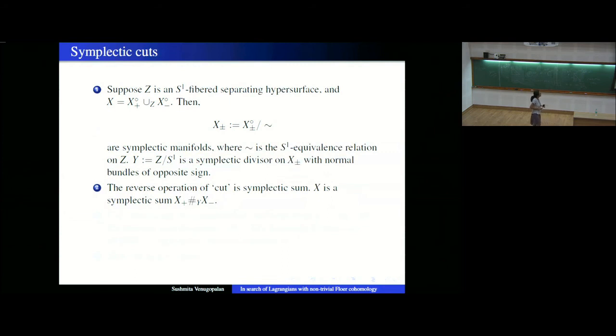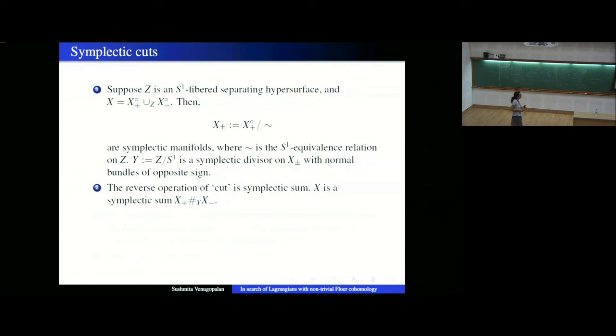If you have a separating hypersurface Z which has a free S1 action on it, Z separates X into two parts, which I call X plus and X minus. I break this, so I get a manifold with boundary Z, and I mod out Z by the S1 equivalence relation. The resulting two spaces are symplectic manifolds.